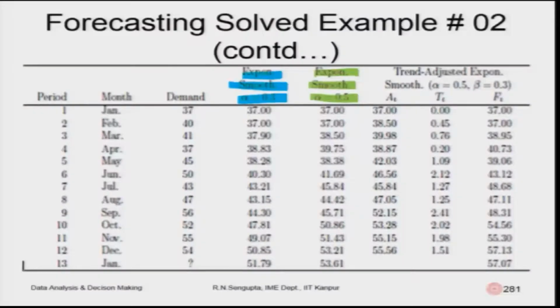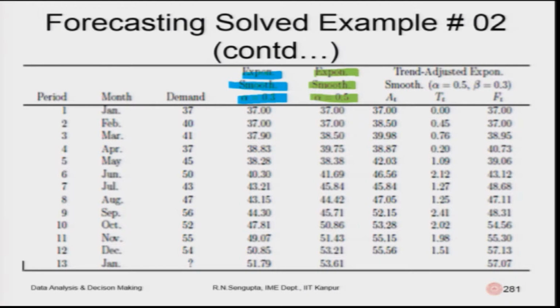Now, in the trend adjusted exponential smoothing process, we need to find out the trends and the fluctuations. The trends and the fluctuations are technically the values based on which we find out At and Tt. A naught, sorry, my mistake, T naught would be given as 0 and A naught would be given the actual value on time period 1, which is 37, and F1 would also be 37.